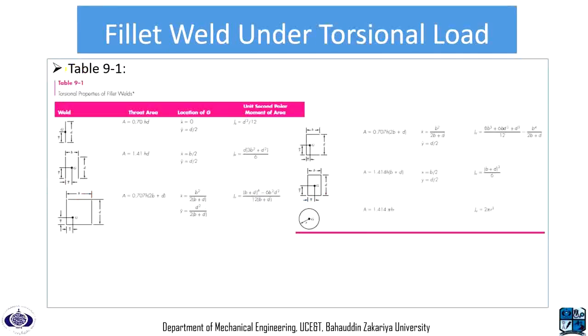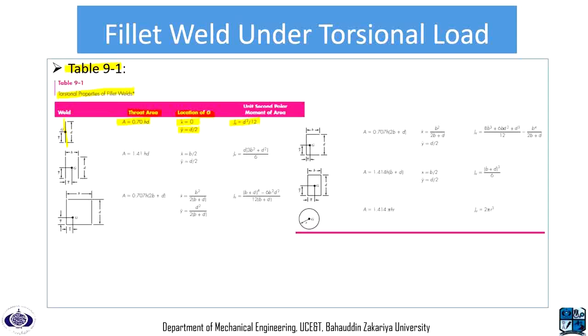So here we have table 9-1 giving us the torsional properties of fillet welds. If the weld profile is a straight line, then the throat area is 0.707 hd. The location of G can be found using x bar and y bar, and Ju is d cubed over 12.